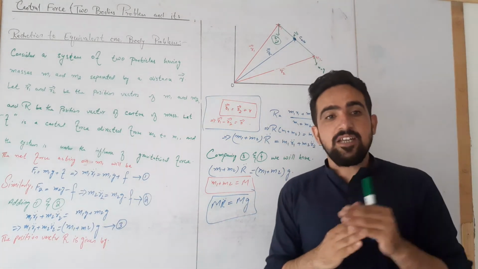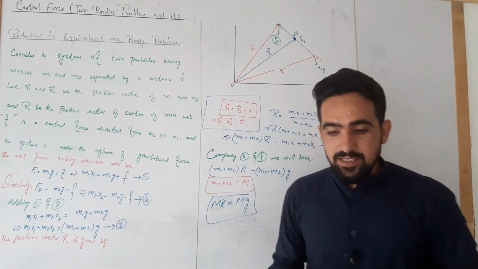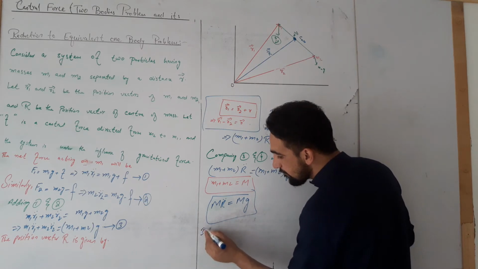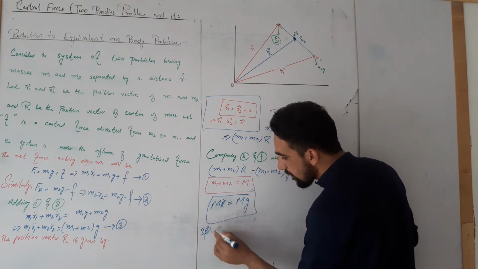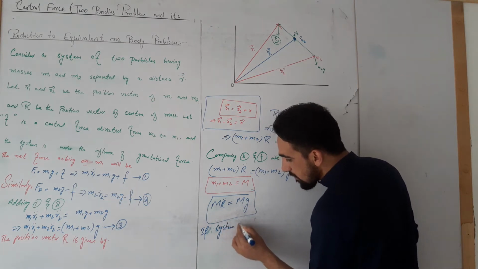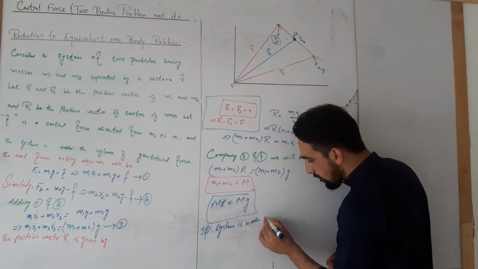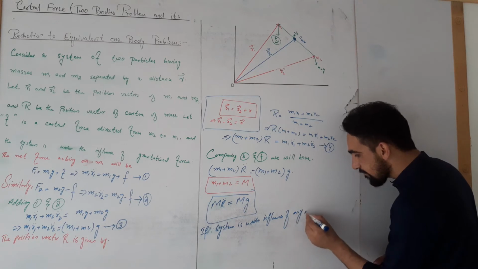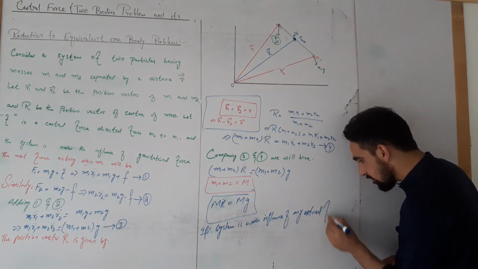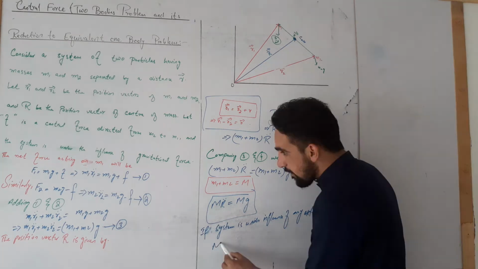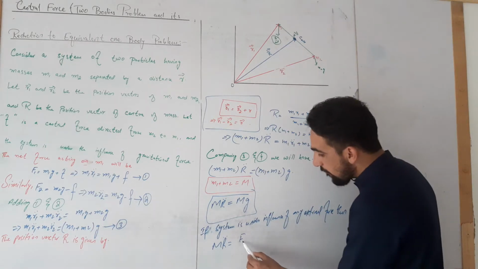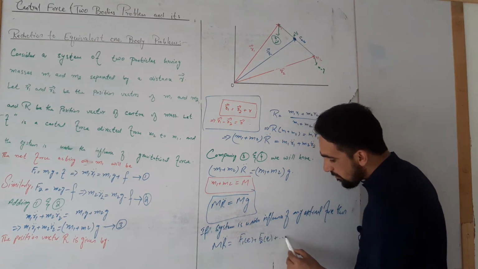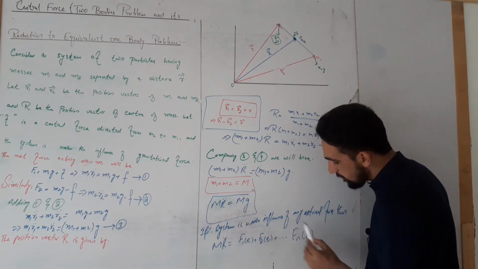If the system is under the influence of any other external force, then M R double dot is equal to F1 external plus F2 external plus up to Fn external.